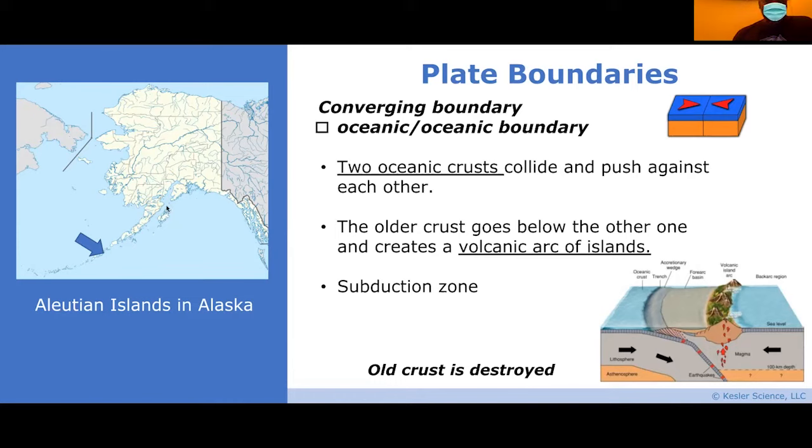That's the Aleutian Islands of Alaska. That's where two oceanic plates are coming together. They collide and push against one another. The older crust goes below the other one and creates a volcanic arc of islands. This is a subduction zone. One subducts, goes beneath another.